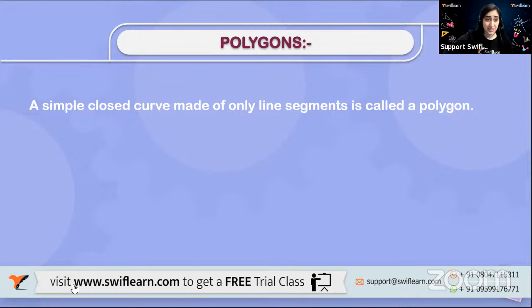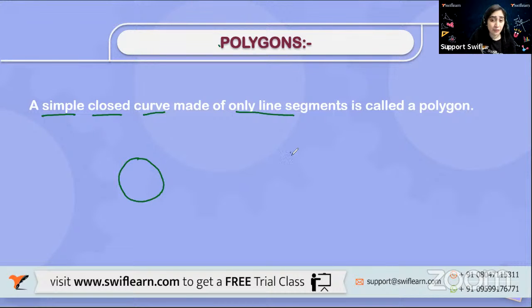See, there is a difference here. Simple means they should not interact. It should be closed and it should be curved. If I say this, I can think of a circle, right? It is simple, it's not interacting, it is closed also, and it is curved also. But why am I saying only line segments? Because I don't want a proper curved figure.